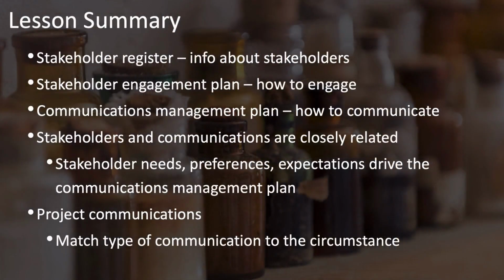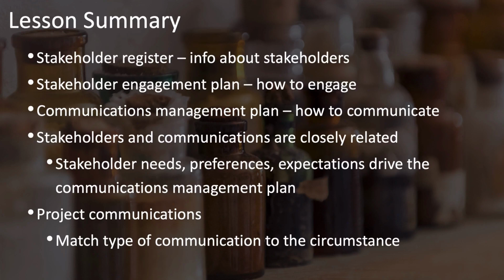To summarize, we've covered 4 things: 2 from stakeholders and 2 from communications. First, the stakeholder register, which contains information about your stakeholders, and your stakeholder engagement plan, which is how you engage those stakeholders. Your communications management plan, which is about how you communicate.